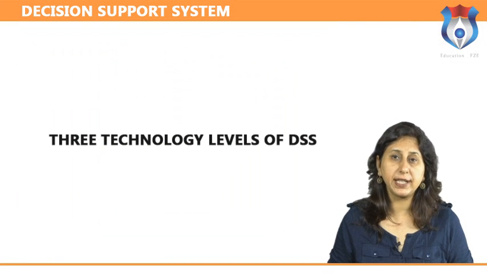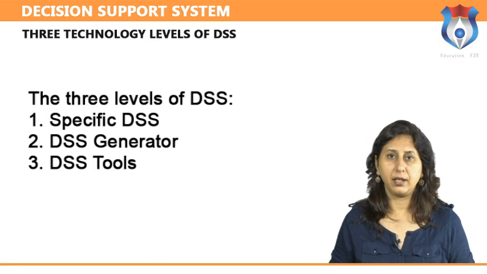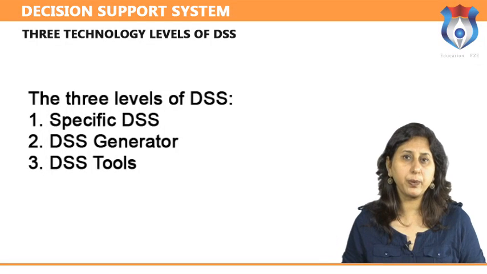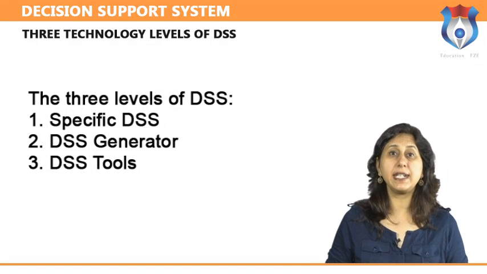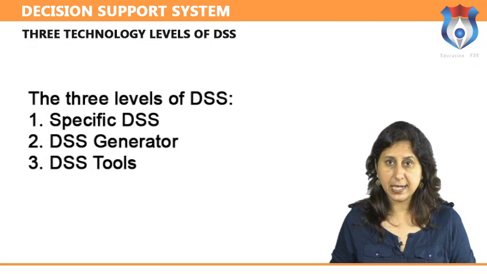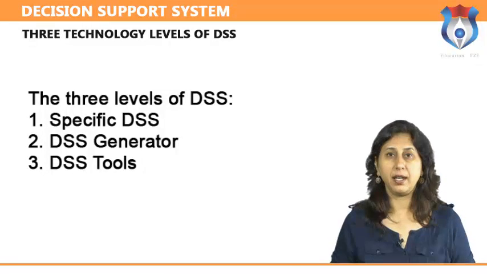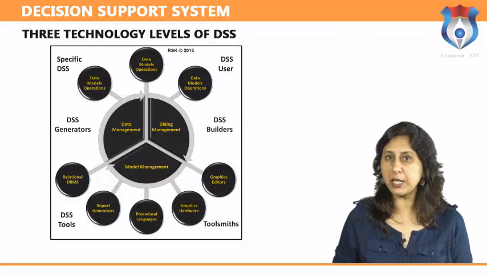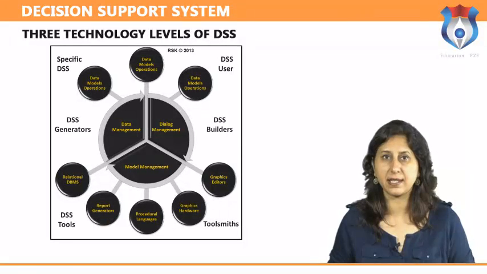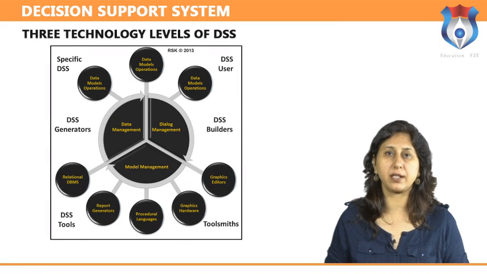Three technology levels of DSS. The three levels of hardware and software, which have been included in the label DSS are: specific DSS. The system which actually accomplishes the work might be called the specific DSS. DSS generator.